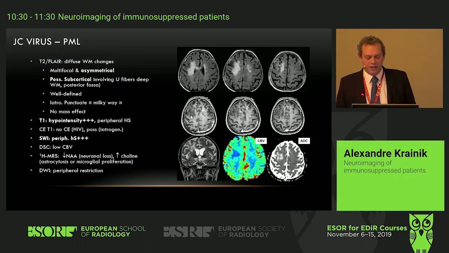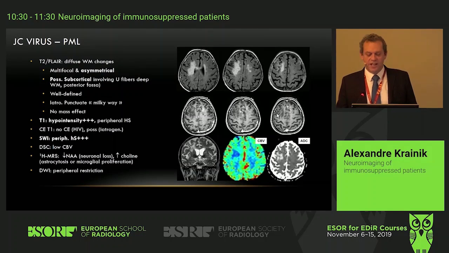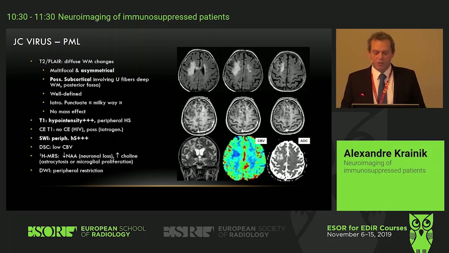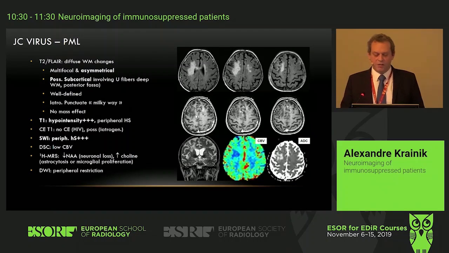Actually, the lesion usually involves the U fibers, and you see this subcortical lesion here with a very dark hypointensity on T1. It does not enhance, actually, most of the time, but we revealed that in patients under treatment like multiple sclerosis, it may enhance, you may have some foci of enhancement.